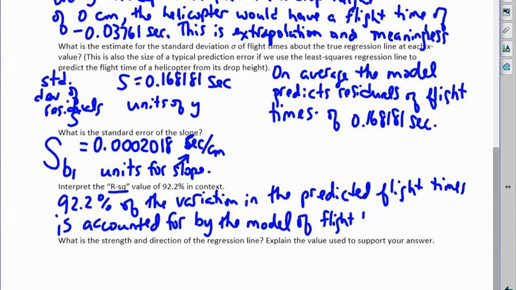Flight times versus drop height. If I used and, I can change the order.